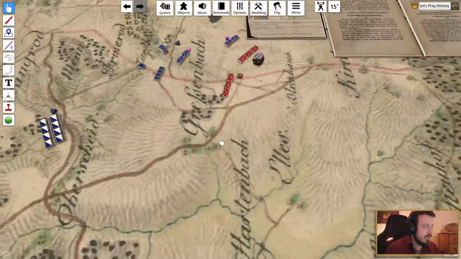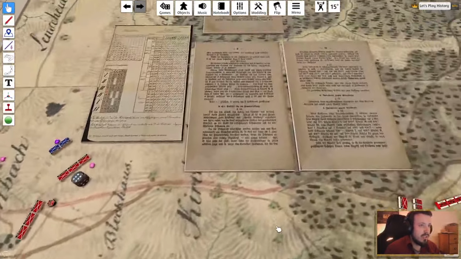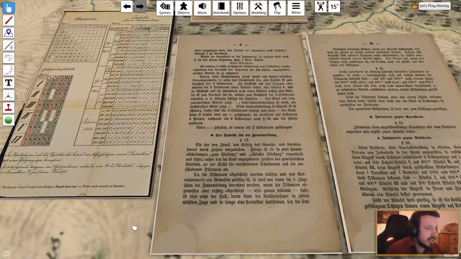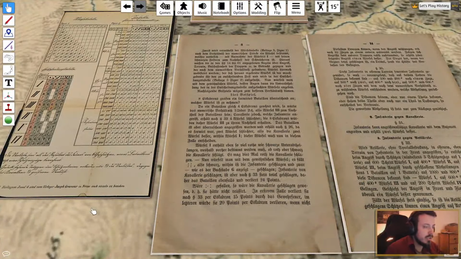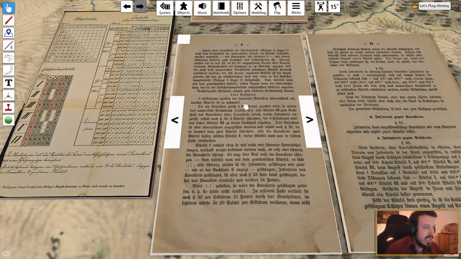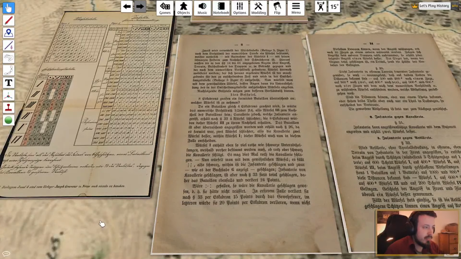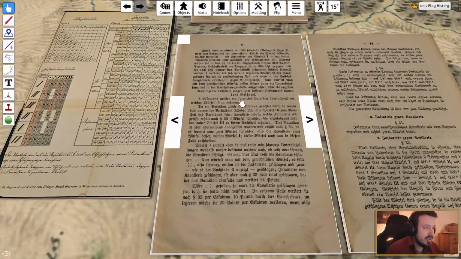Not quite sure. Now, let's go to the book, because there are some interesting examples in there too. So he says here, first example, 8 squadrons of cavalry attack a formed battalion. Surprisingly, which die should we pick?